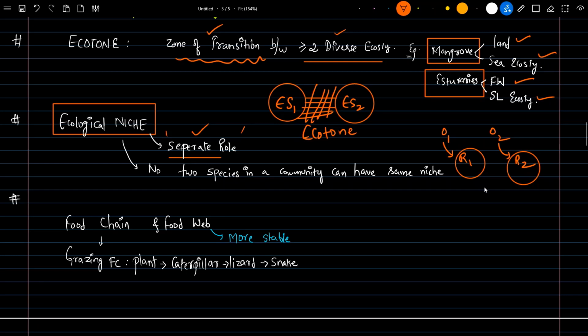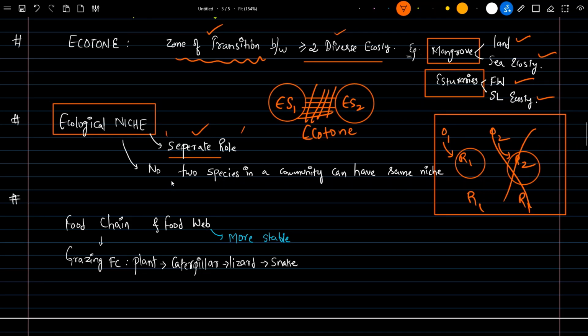If both had an equal role, let's say R1 and R1, then due to competition, one will be eliminated. Let's understand in detail. This is the principle that ecological niche follows: no two species in a community can have the same niche.